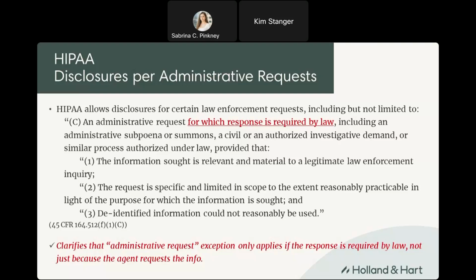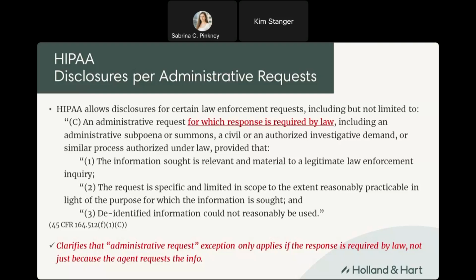The government in the reproductive rule confirmed that no, just because an officer requests the information, that's not what we meant. An administrative request for purposes of this rule requires that your response has to be required by law. So it'd have to be like a civil investigatory demand or something like that. It's not enough for them just to do an investigation and ask you for a request.